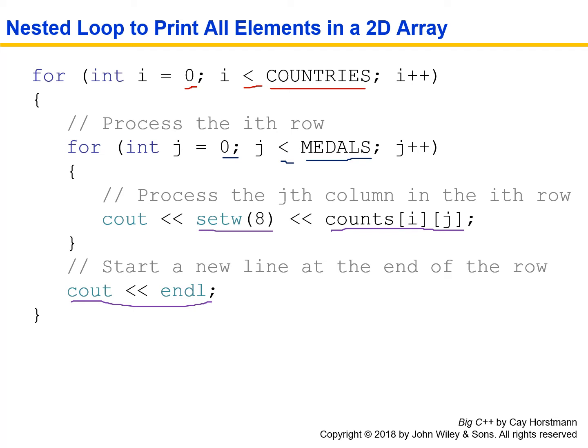What this code doesn't do is print your column headings. So you'd really want to have one more cout line up here that prints gold, silver, bronze, so that you know what those different columns mean when you look at them on the screen.